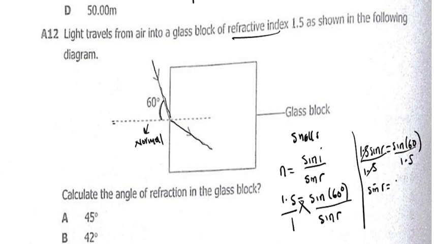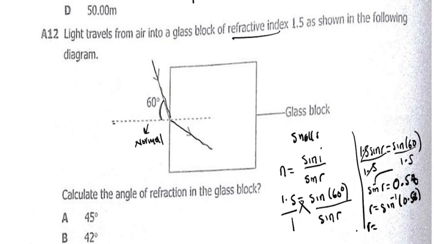I'm getting 0.577, so let me write 0.58 like that. Then to find r, when sine crosses over, it will be sine inverse of 0.58. So the angle of refraction will be the inverse of sine of the answer we found.